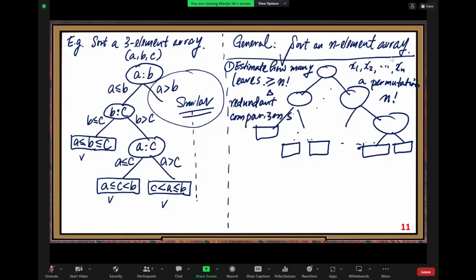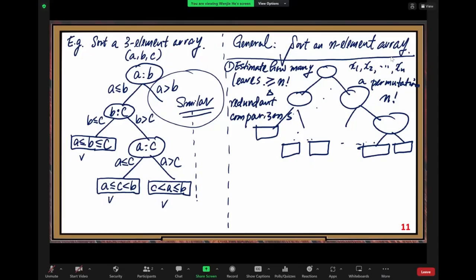So if there are redundant comparisons, then when you count the number of leaves, some of the sorting results could appear more than once.